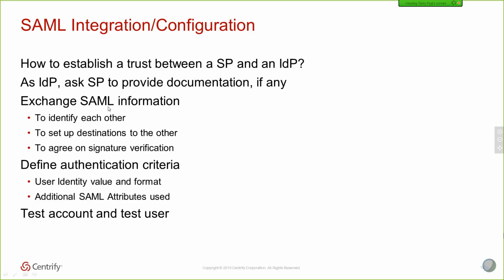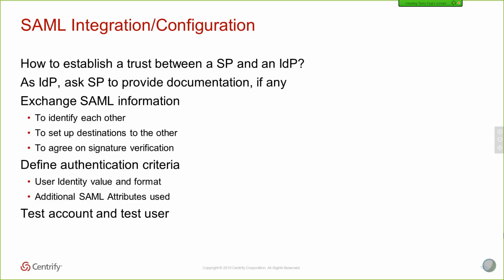And then from the service provider side, most of the time there's also information that Centrify needs from them, right? So that's what is meant by the exchange. With the issuer value, that's how we identify each other. The destination, that's the destination value you saw in the SAML request and the response.